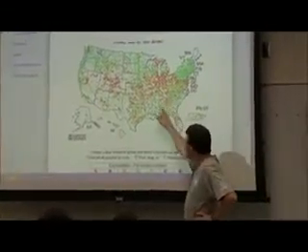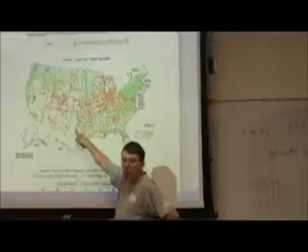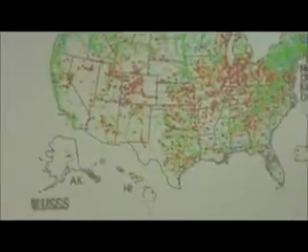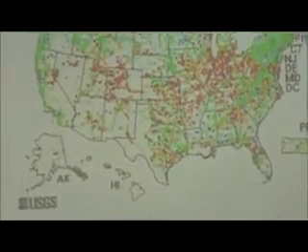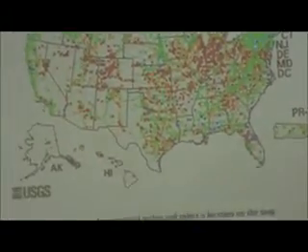Each of these colored dots represents a stream gauge. I will click on this in a minute. But what is happening is that these data are being collected in real time, the stream depth or height, the stage, is being monitored in real time, and then automatically being converted to discharge.